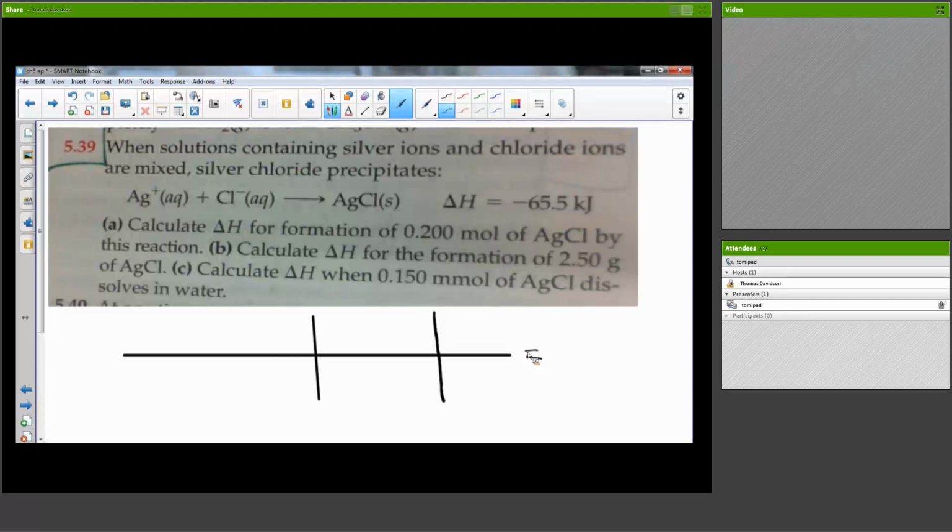And remember, we're ignoring the millimole. I'll explain the millimole here in a second, but we can just do it without it. If you've moved to part C.